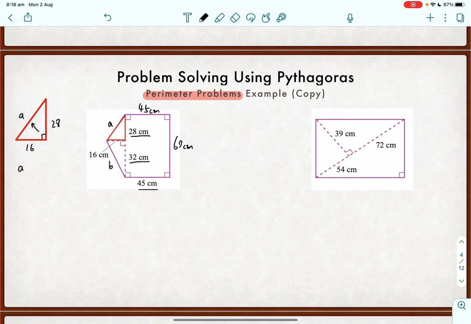So A equals the square root of 28 squared plus 16 squared. We got about 32.25. It didn't ask, but by default I normally round to 2 decimal places. Okay, so centimeters.